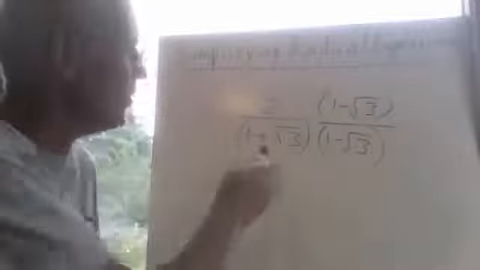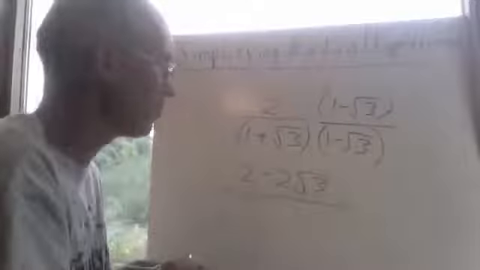If you remember, this is that form where you have something plus something times something minus something. And the quickest way to do that is, well, first of all, let's do the top. It's going to be 2, and then 2 times negative square root of 3, minus 2 square root of 3.